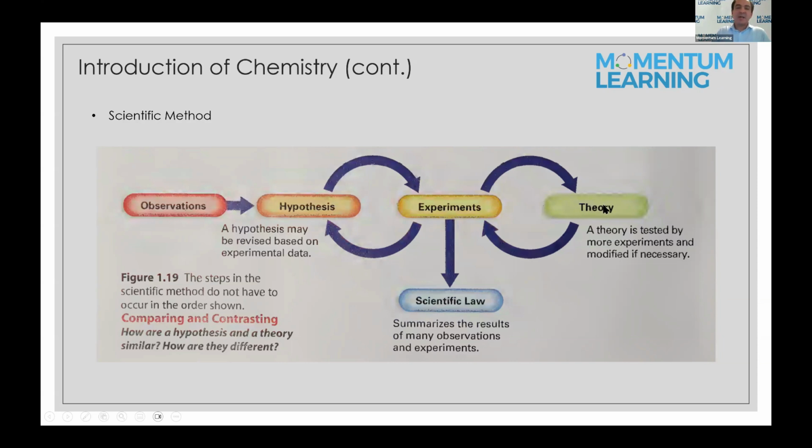So a theory is tested many, many times and always proven to be true. A hypothesis could be correct, could be wrong. That is your explanation before you start with an experiment. Once it is verified with an experiment, it can become a theory.